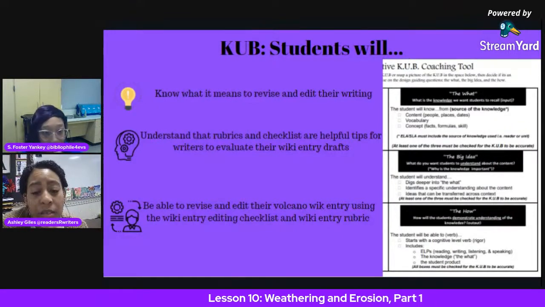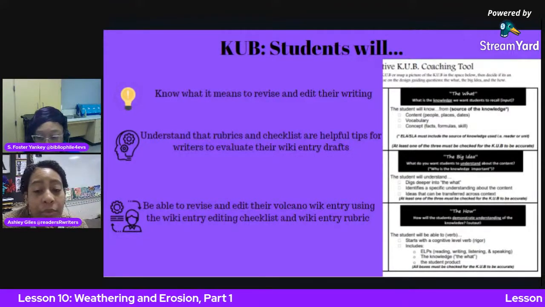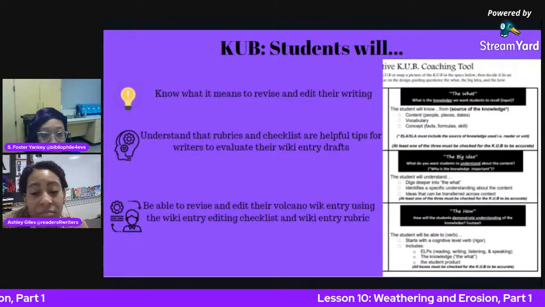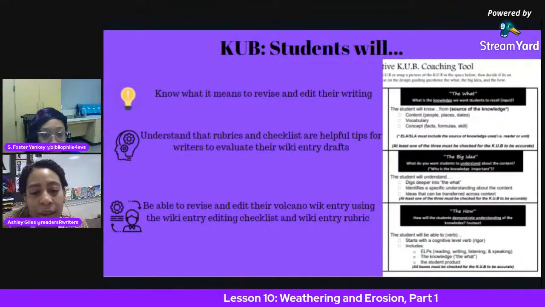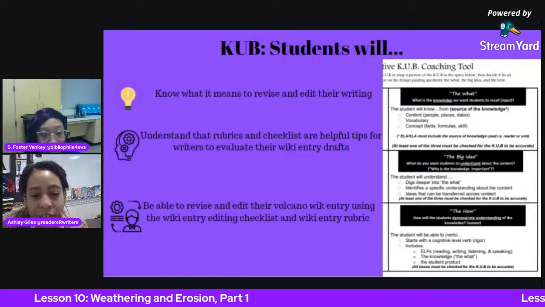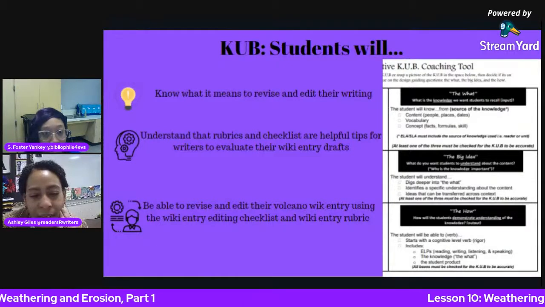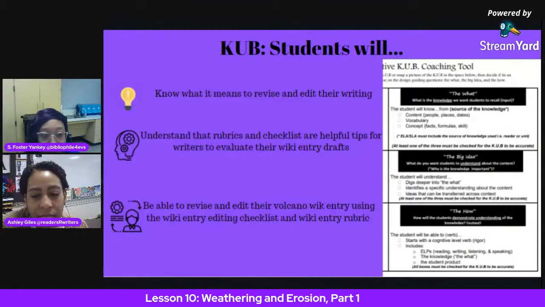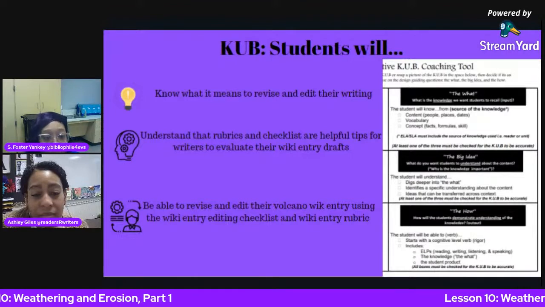We could say students will be able to understand that in order to improve their writing, they need to know how to revise and edit. They can understand that revising and editing are an important way to improve their writing, or an important part of the writing process.